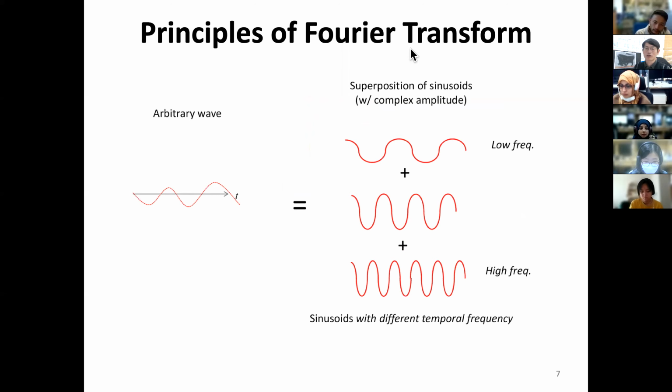The principle is that any arbitrary wave, any kind of distribution of the wave in space, or in this case time, can be represented as a multiplicity of sinusoidal waves with different amplitude and phase, or different weights. It can be decomposed from spatial low frequency to high spatial frequency.